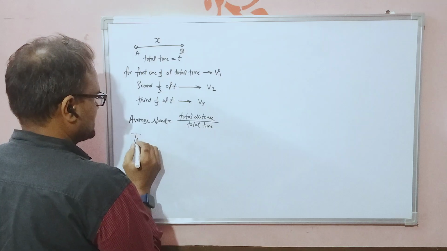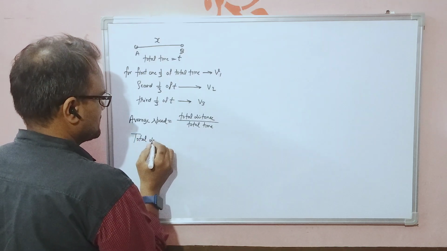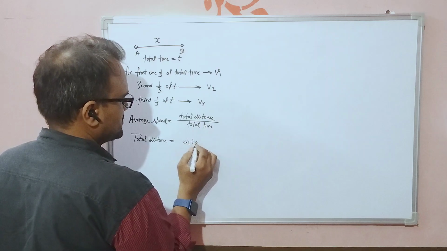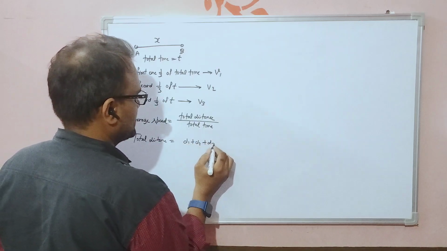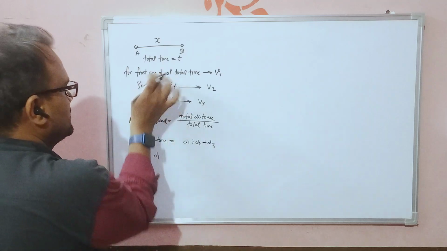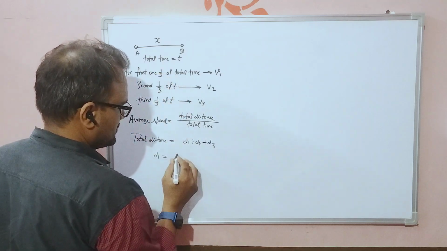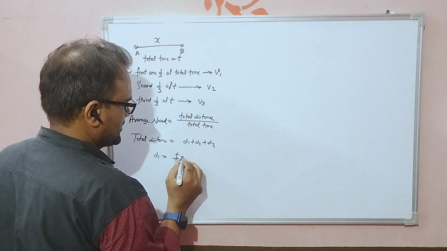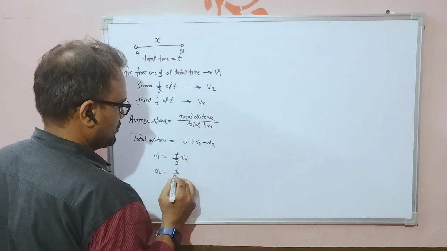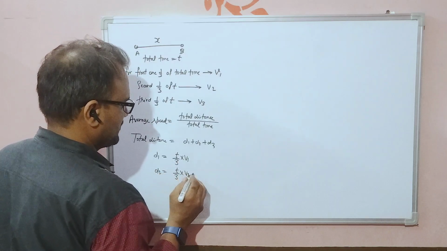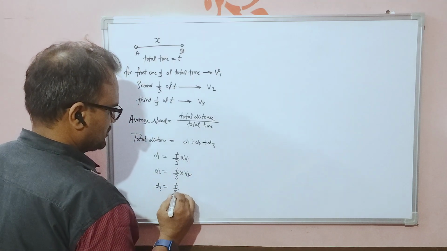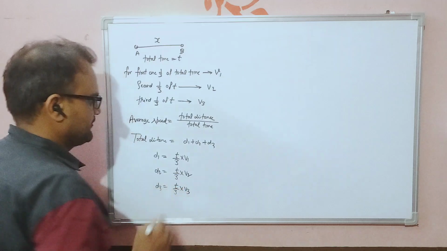So the total distance can be written as, let's suppose it is d1 plus d2 plus d3. d1 is the distance which is travelled in first 1/3, so it is equal to t upon 3 multiplied with v1. Similarly d2 can be written as t over 3 multiplied with v2, and d3 can be written as t upon 3 multiplied with v3, right?